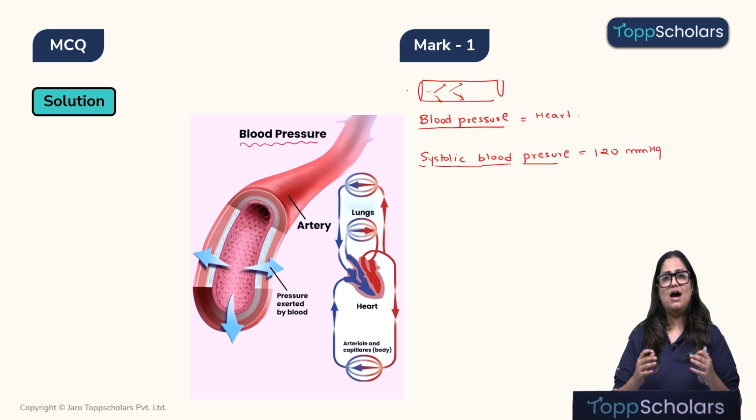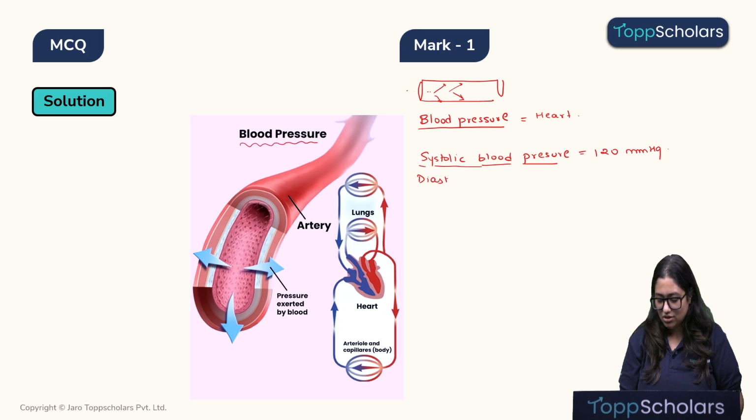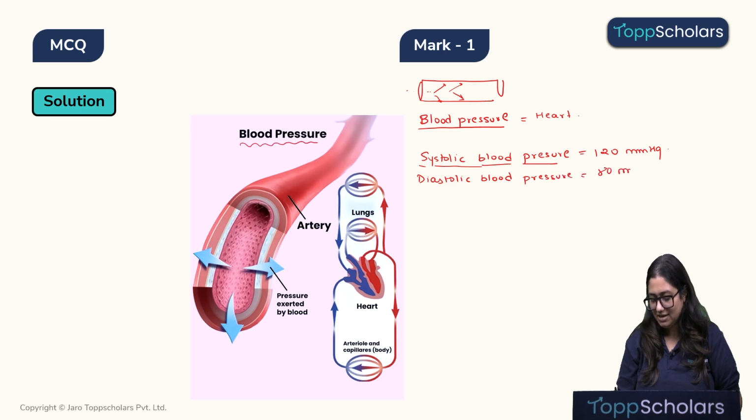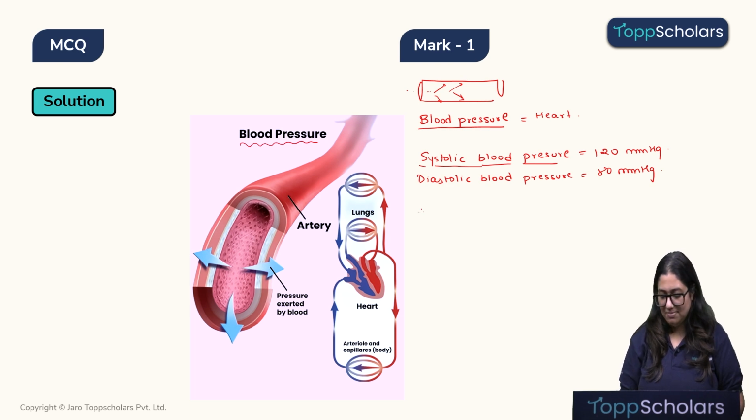Similarly, when the heart relaxes after contraction, the blood still continues to flow with a slightly lower pressure, and this pressure is known as the diastolic blood pressure, and its value is of the lower limit, 80 mmHg, and therefore our blood pressure is 120 by 80 mmHg in a normal and healthy individual.